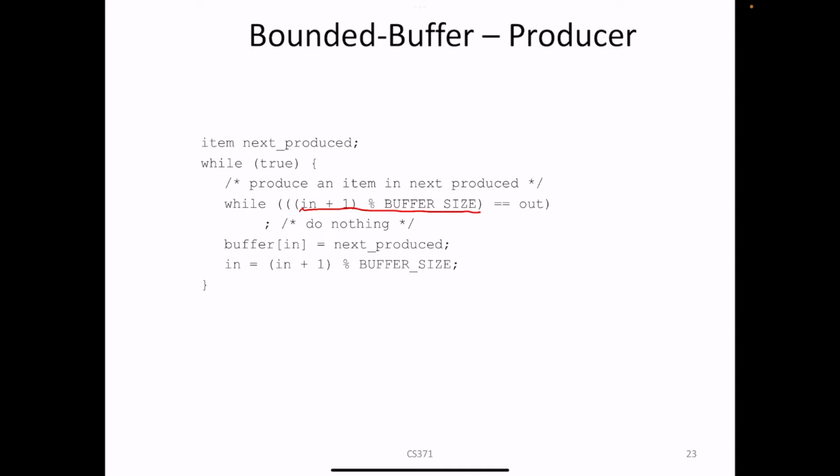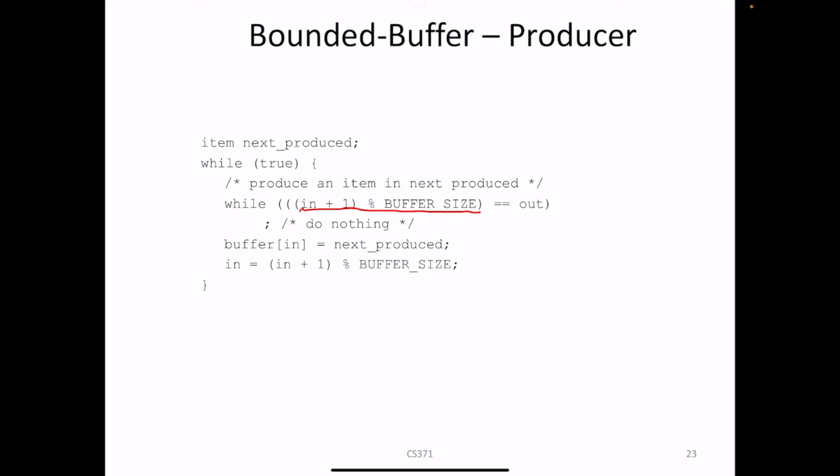Which means we can place the atom on the buffer and increase the in variable by 1. Then continually put new atoms on the buffer until we put 3 atoms on the buffer. Then in variable will be equal to 3, out variable will be equal to 0. At this moment, we cannot put another atom on the buffer anymore.